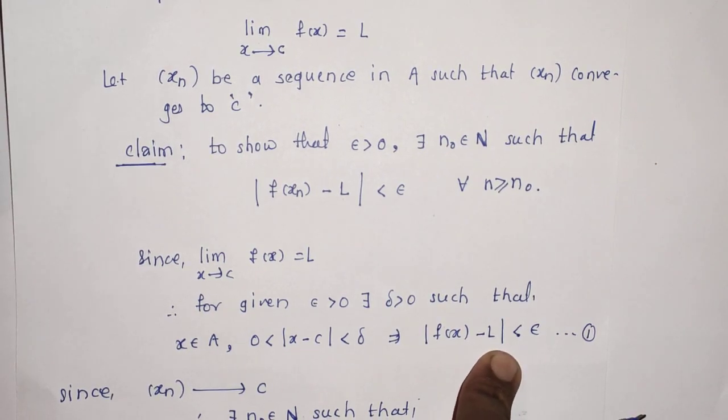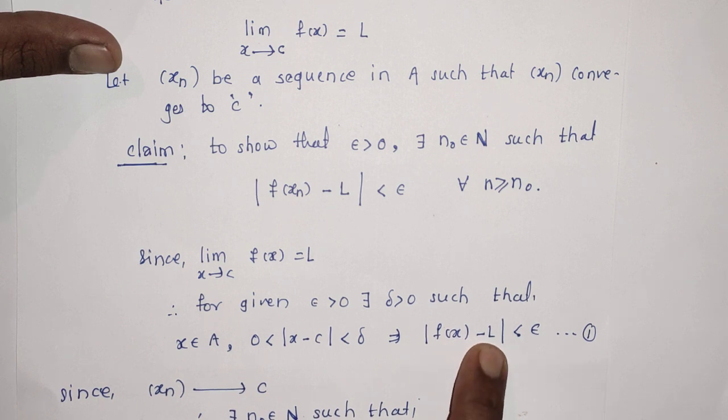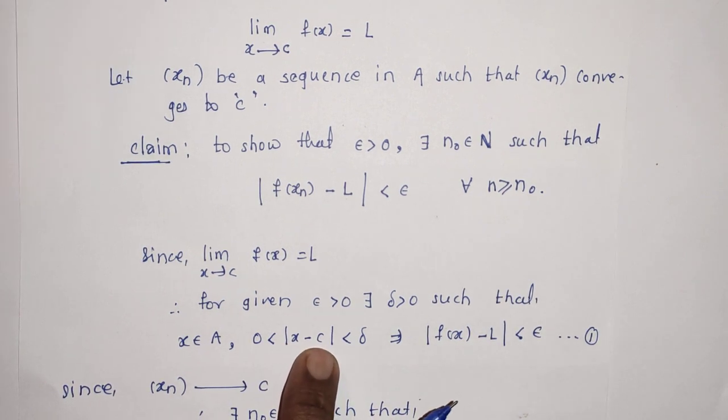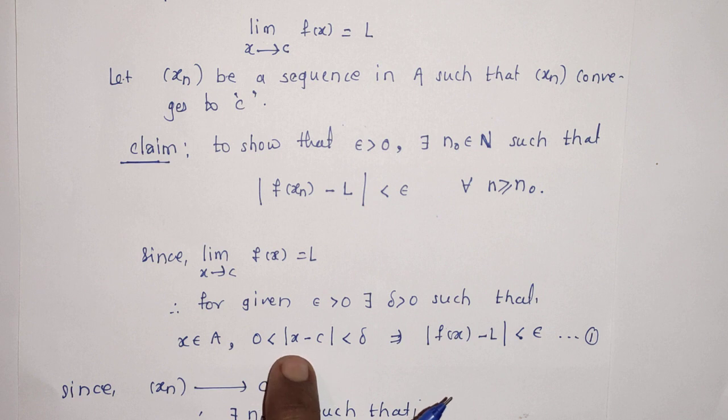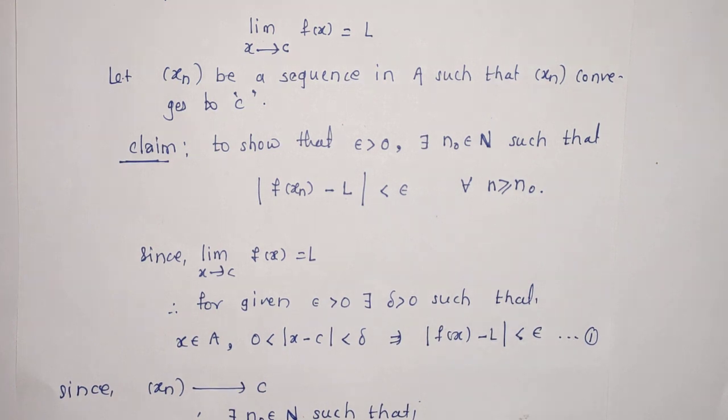From equation 1, for 0 less than mod x minus c less than delta, we have mod of f of x minus L less than epsilon, and from equation 2 we have mod of xn minus c less than delta for all n greater than or equal to n naught.